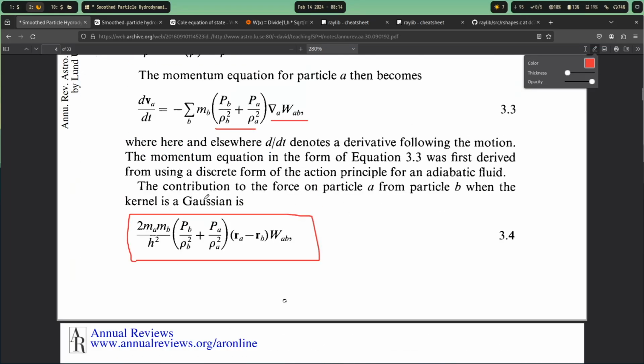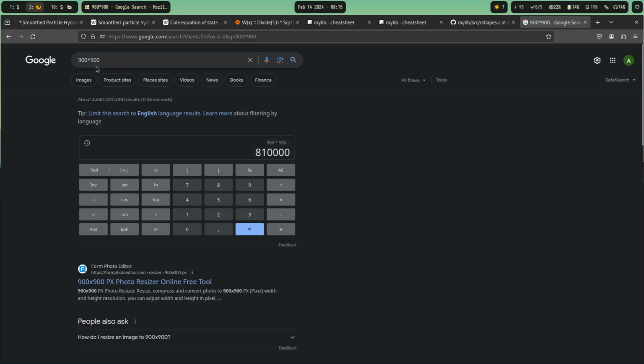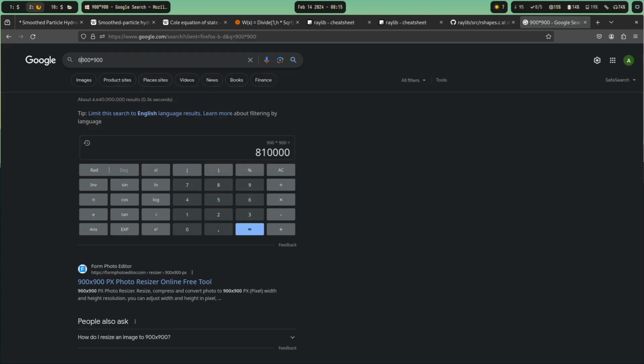What I was hoping not to happen. So let's see. I mean, the density is somewhere around 900, right? So if we do 900 times 900, we get this number, and then we have somewhere around 6 million.